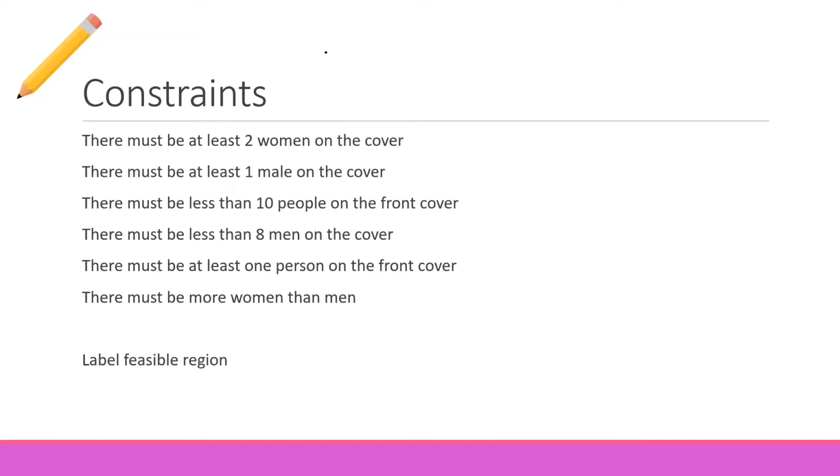We're going to use M for men, and W for women. If I use M and W, there must be at least 2 women on the front cover. How could I write that as a constraint? I want you guys to give a guess in chat using M and W. What do you guys think?